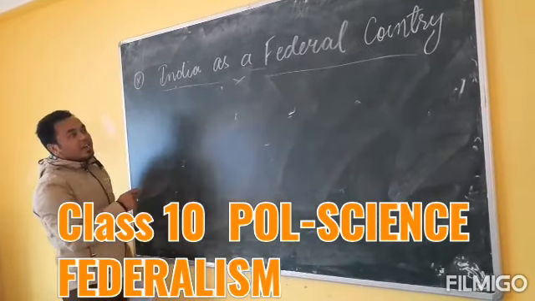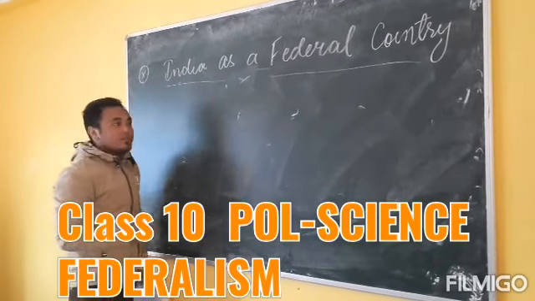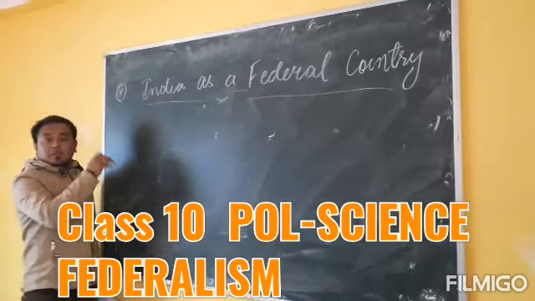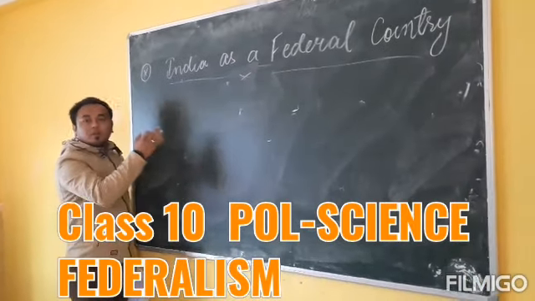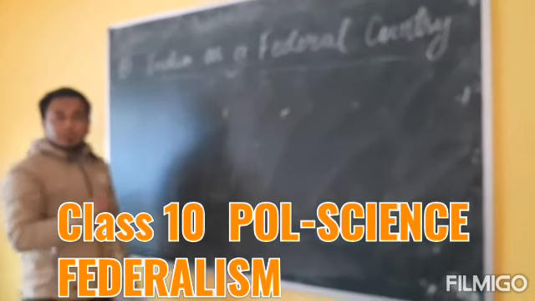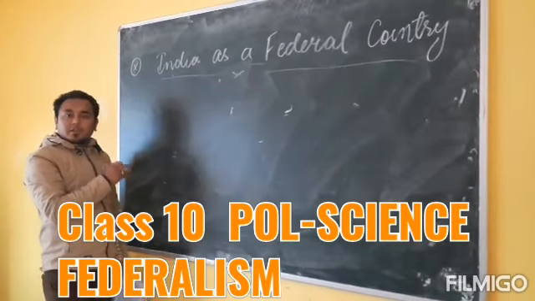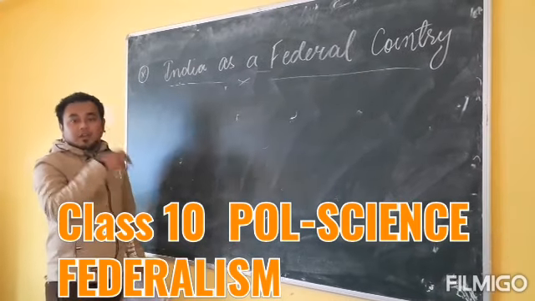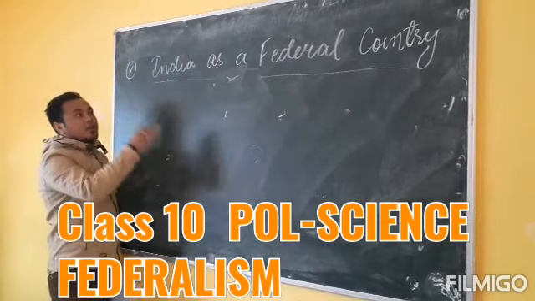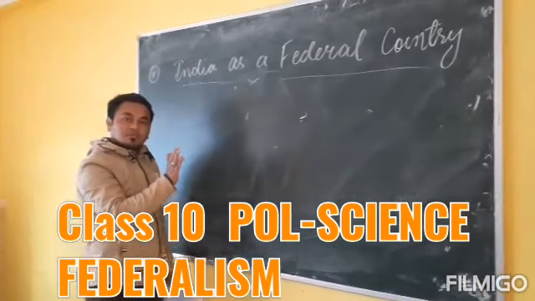Why is India considered a federal country? Because in India we have more than one level of government: the central government at the central level, the state government at the state level, and other governments at the local level. That's why India is known as a federal country.